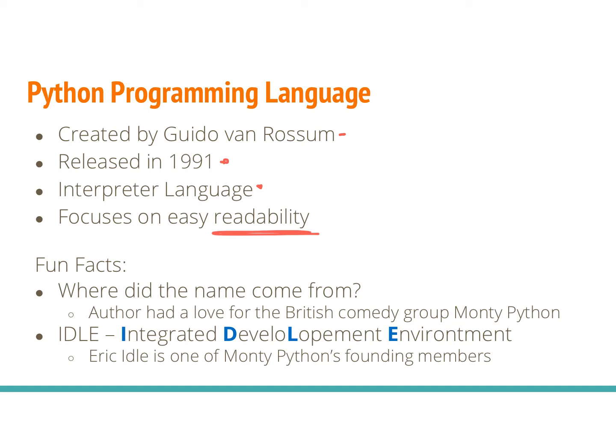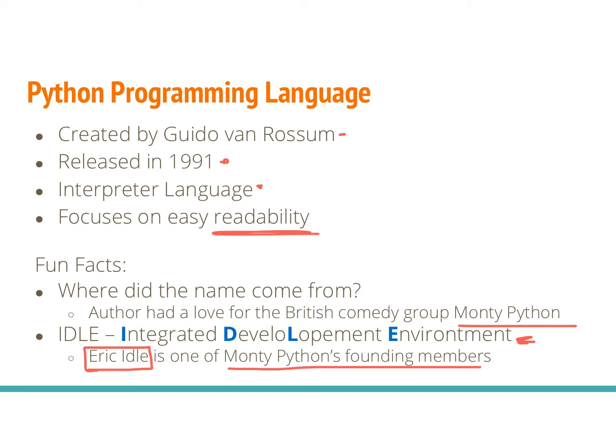Now, some fun facts about it: it's called Python because the author really liked this British comedy group called Monty Python, and so he named it after them. And then IDLE, which is where the program runs if you don't use the online version and actually download the software onto a Windows PC or a Macintosh computer, stands for Integrated Development Environment, and is actually named after Eric Idle, who's one of Monty Python's founding members.